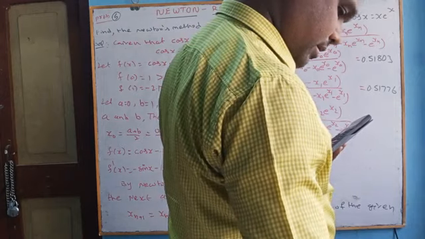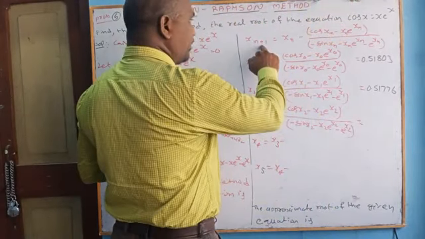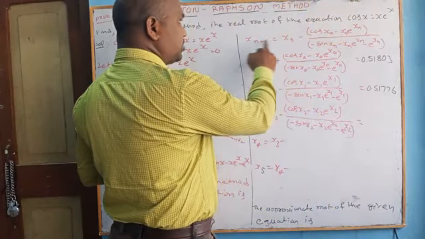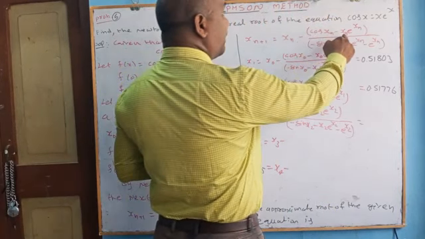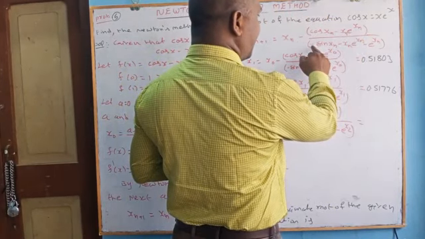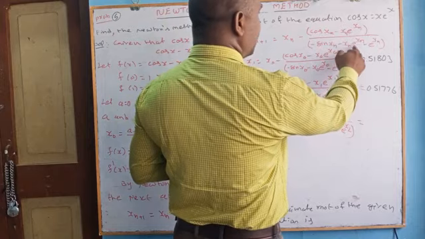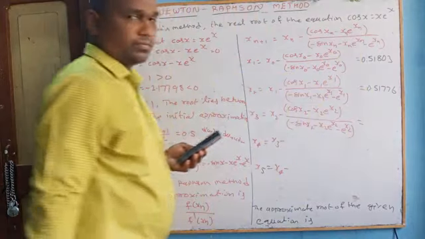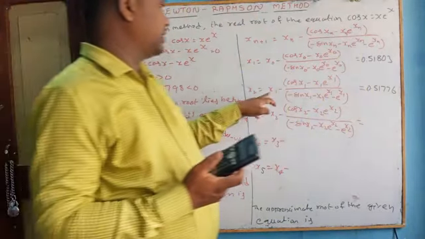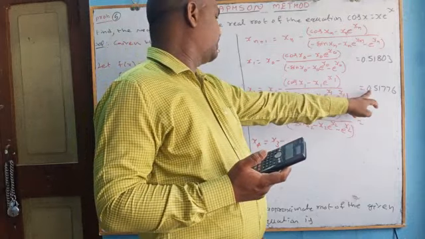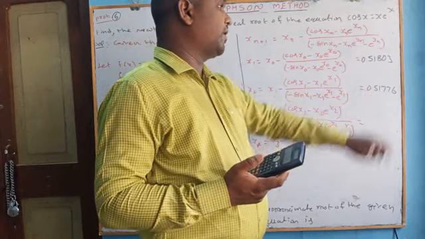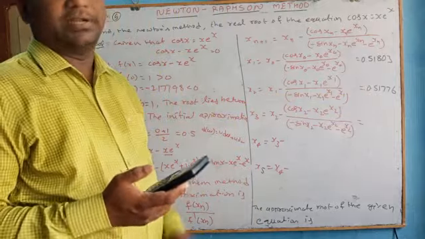Put n is equal to 2 in this equation, we get that x3 is equal to x2 minus cos x2 minus x2 into e power x2 divided by minus sin x2 minus x2 into e power x2 minus e power x2. Substitute x2 is equal to 0.51776.